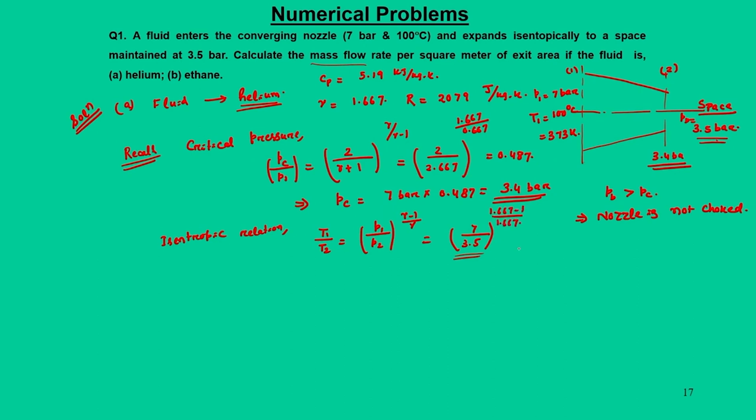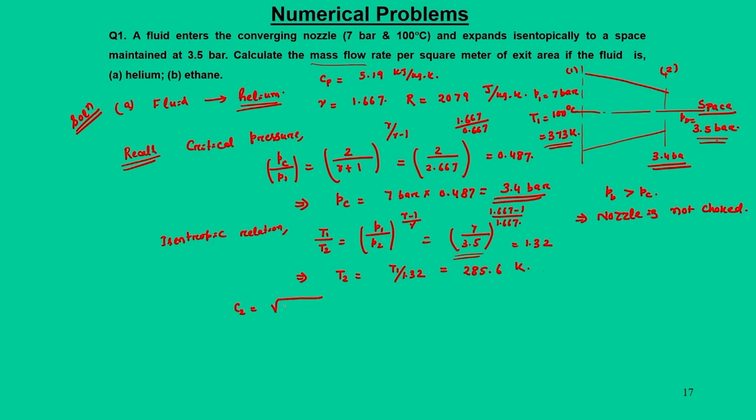So, this ratio is 1.32, which means T2 would be T1 by 1.32, T1 is already 373 Kelvin. So, T2 would be 285.6 Kelvin.